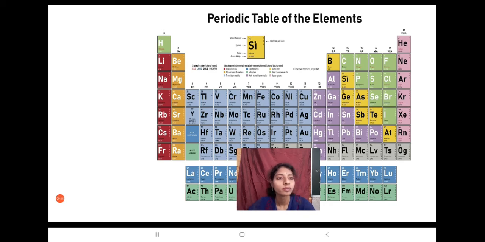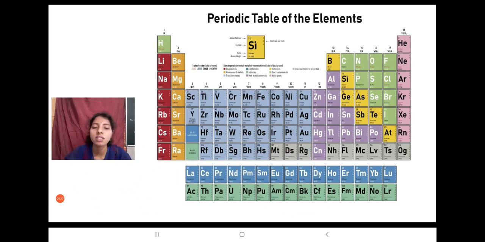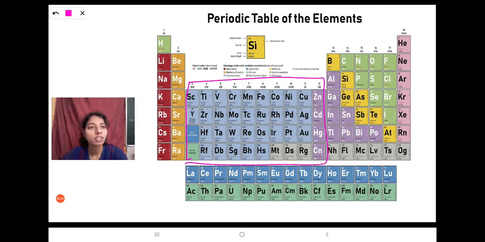Now see this middle part. You can see here this middle part is the B group, right? 1B, 2B, 3B, 4B, 5th B, 6th B, 7th B and 8th. In that, 3 groups are there, right? We can consider these totally as the B group.